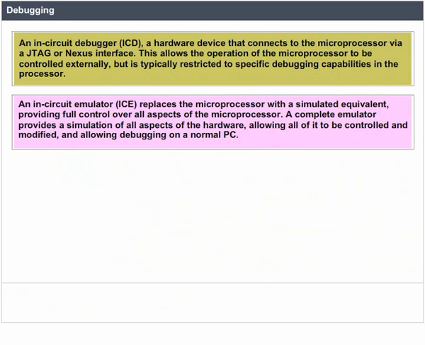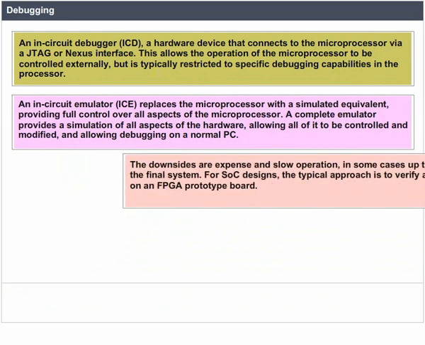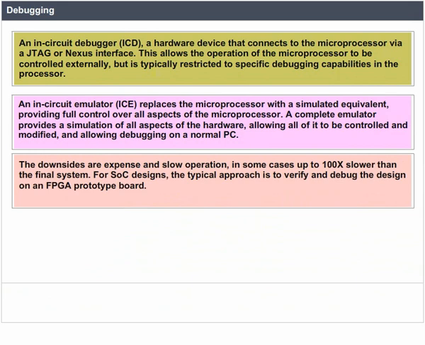A complete emulator provides a simulation of all aspects of the hardware, allowing all of it to be controlled and modified, and allowing debugging on a normal PC. The downsides are expense and slow operation, in some cases up to 100 times slower than the final system.